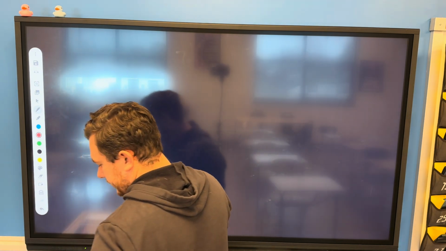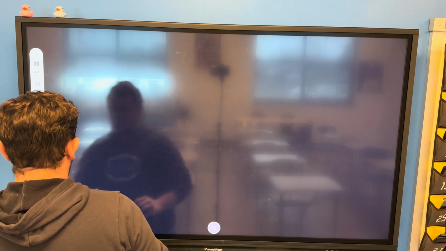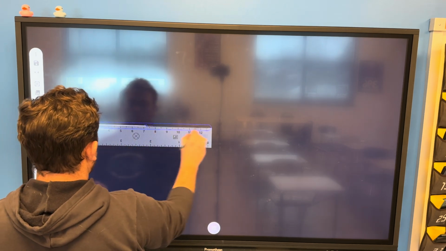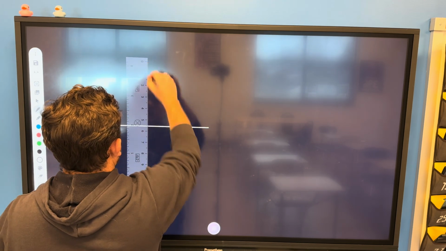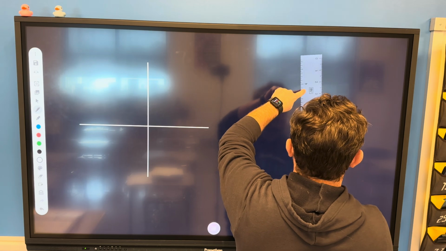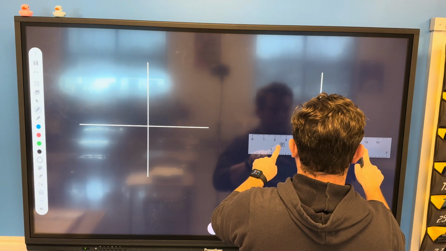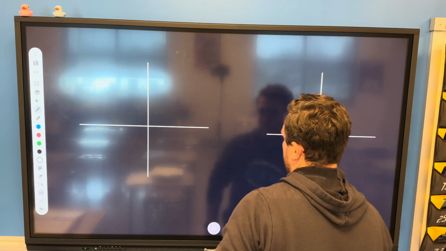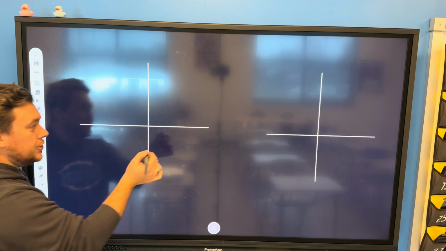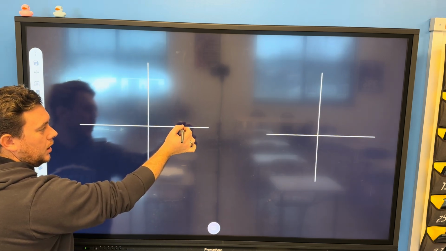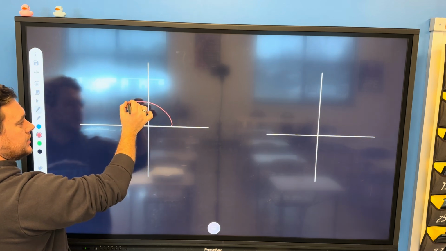We'll clear this, that's fine. So let's say we have our XY axis. I'll put a 90. There we go. And we'll do a second one over here. Any rotation that goes from here up and around, okay, so let's say something maybe like this, right?